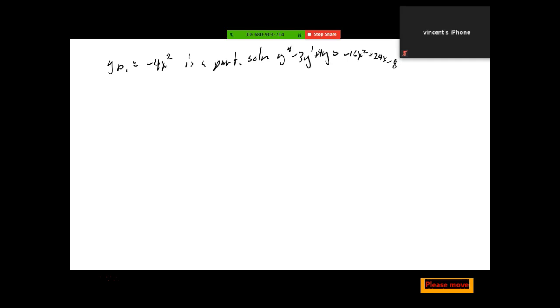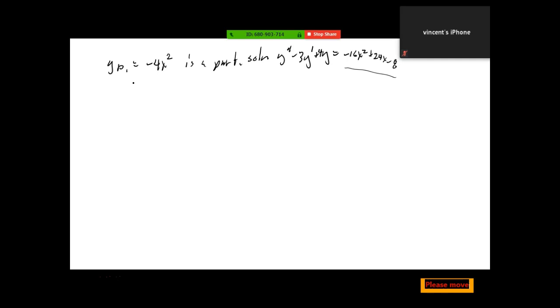Now wait a minute. Aren't these three distinct functions rather than one function? No, that is a polynomial function. So don't split up a polynomial function when we're doing this. We're not getting there to do them yet, but that is a single polynomial function. It will have one particular solution. Surprisingly, it's a single term polynomial.